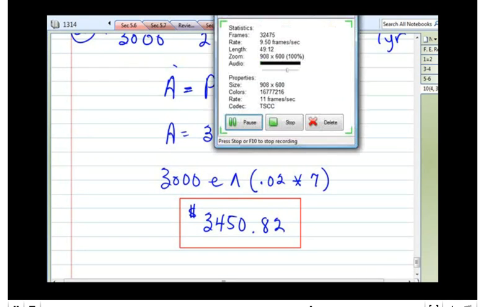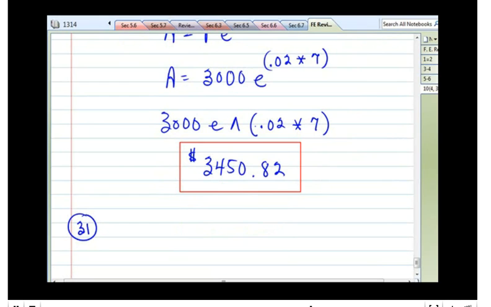All right, on 31, they give you this big paragraph, lots of stuff. It says, suppose the amount of a radioactive element remaining in a sample of 100 milligrams after x years is A of x, and it gives you an equation. How much is remaining after 226 years? What are they asking you to do? Are you having to solve an equation or anything? They're just asking you to plug in 226 for x in the equation.